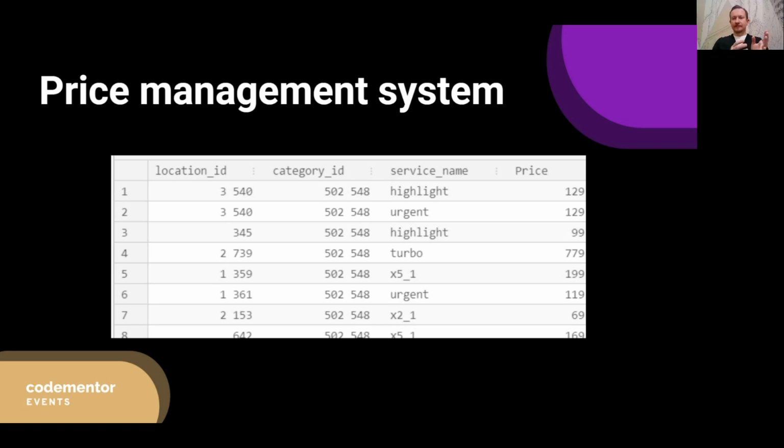And analysts can write SQL. They can make these matrices just in database and then use very simple interface to upload it to a production.